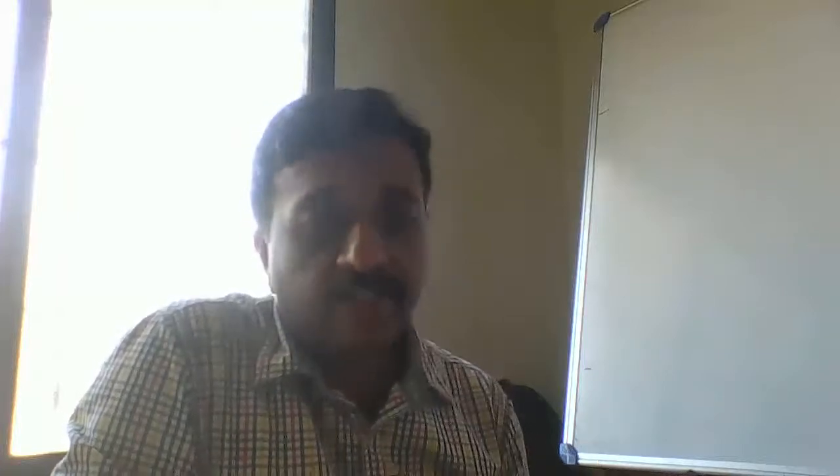So finally, you arrive at the function f of x is equal to a naught by 2 plus summation n is equal to 1 to infinity an cos nx. What are the Fourier coefficients? The Fourier coefficients are a naught, a1, a2, an, bn, and so on.